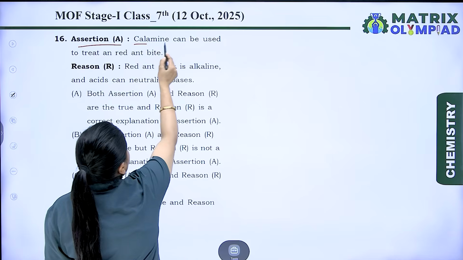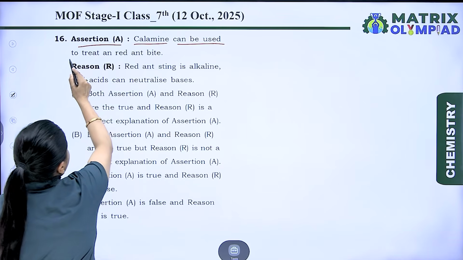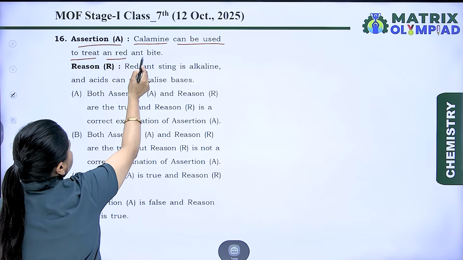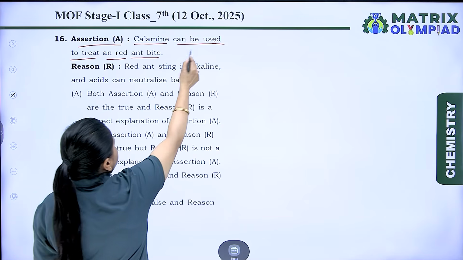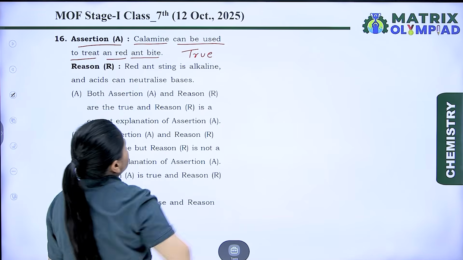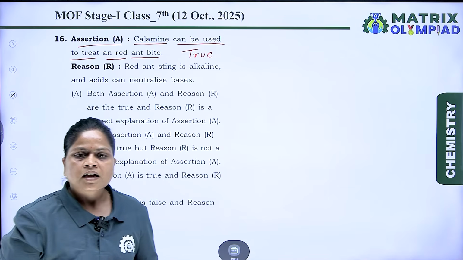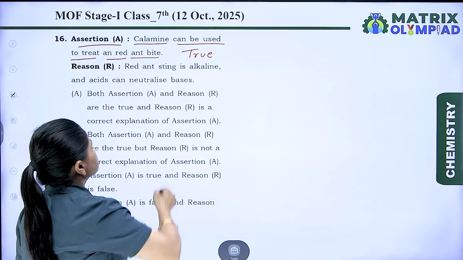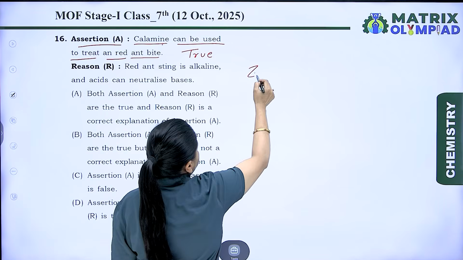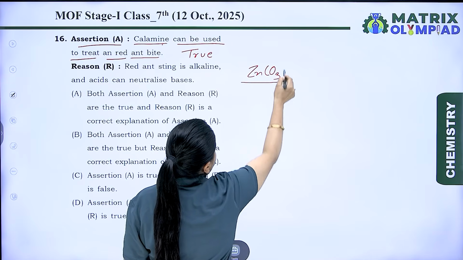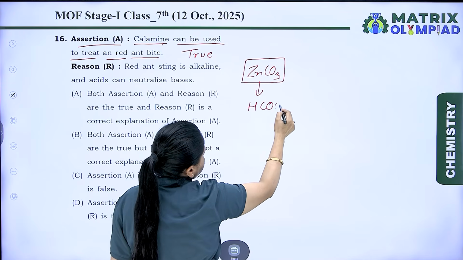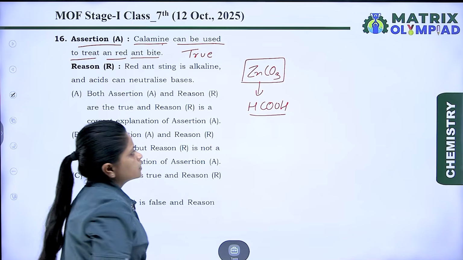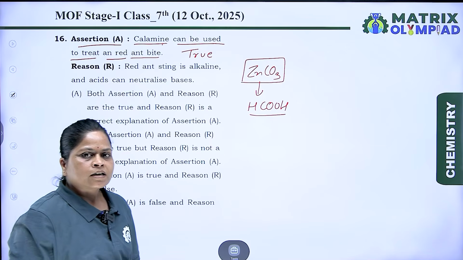Assertion. Calamine can be used to treat a red ant bite. Yes, it is a true statement because, as we know, red ant sting has formic acid and calamine is zinc carbonate, and this calamine solution can neutralize the formic acid and we feel relief from the red ant bite.